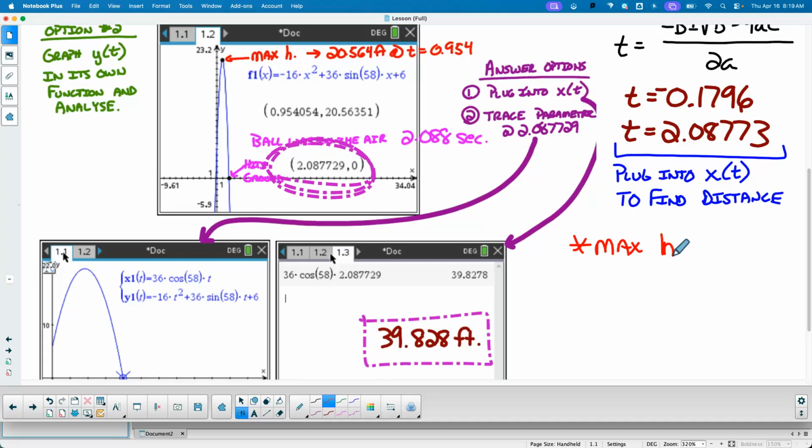So if I need to find the maximum height, where is the maximum height of this ball going to be? Think back to your quadratic units. Maximum height of this ball, where will it happen? Where will it be? In between the two zeros, right?